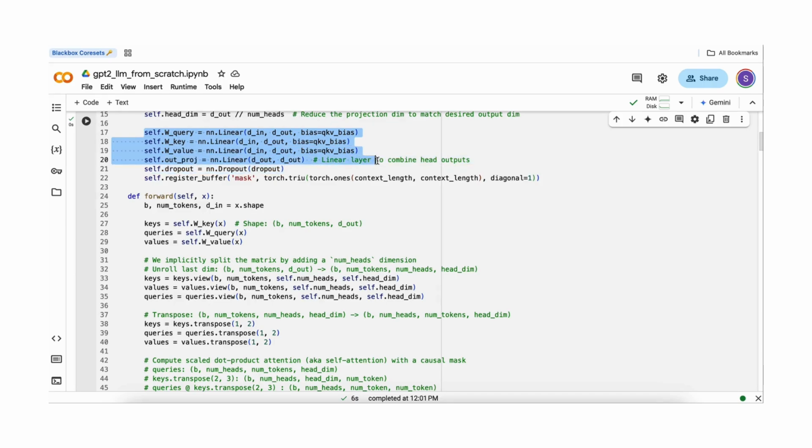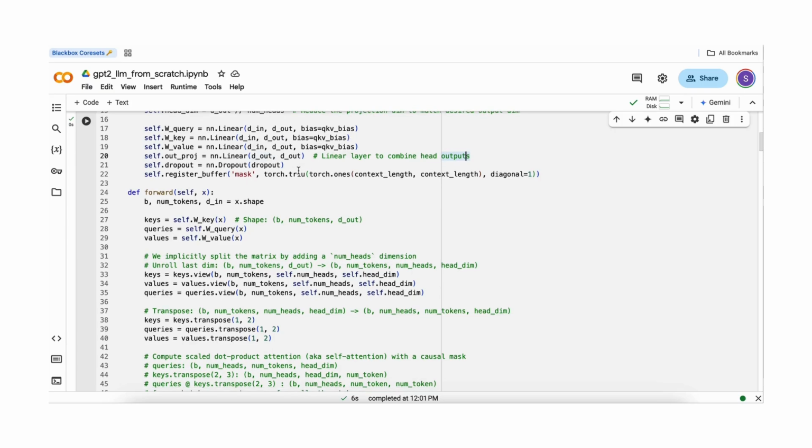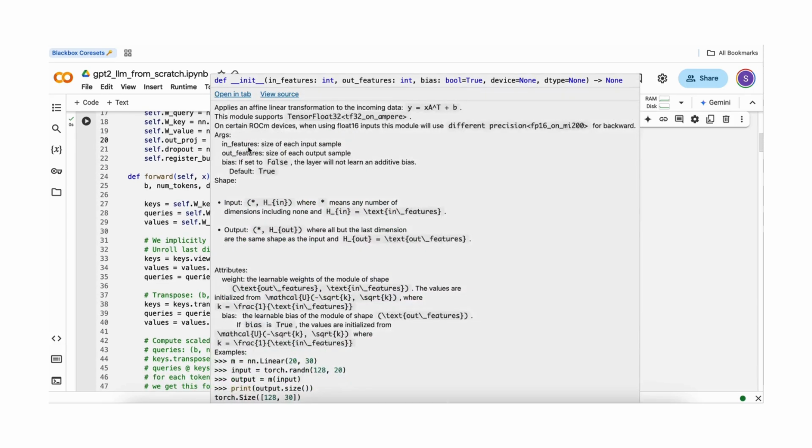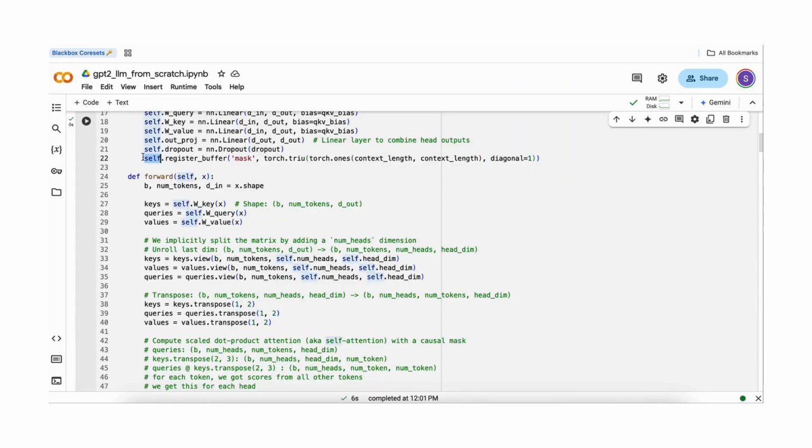And then there is a final output layer which combines the head inputs. This is just another linear layer which takes D out number of values and outputs the same D out number of values, but adds some more parameters to tune. And then there is the dropout, and finally there is the mask.